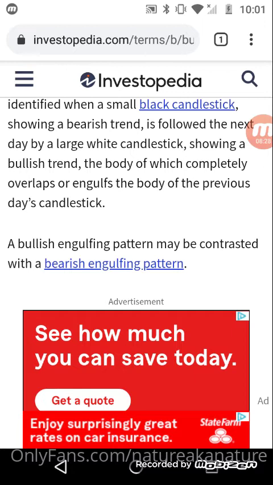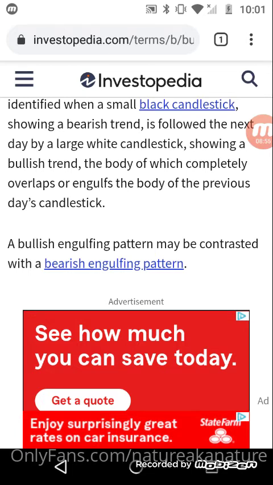The following next candlestick is going to be a whole candlestick, a large whole candlestick. It's not going to be half or small. If that candlestick engulfs that small candlestick from the previous day, it shows a bullish trend, meaning a trend going up, that completely overlaps and engulfs the body of the previous day's candlestick.